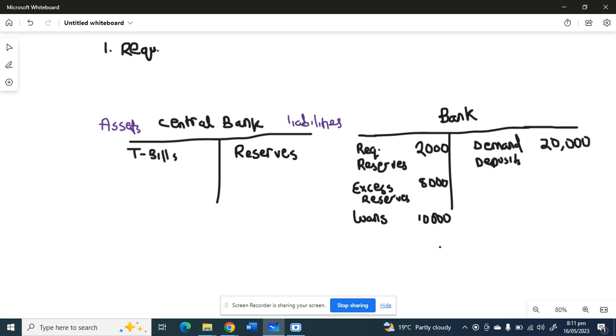right? This is the percentage of money the banks should keep whenever someone deposits money in them. So if the central bank wants to increase the money supply, it is going to decrease the required reserve ratio.